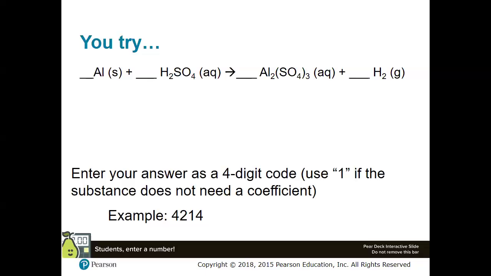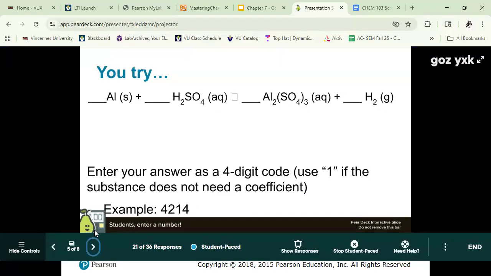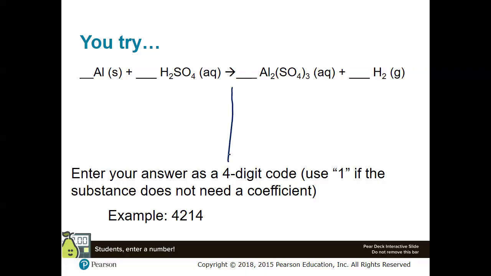All right, let's look at one more here. So this would be slide 5 in the pair deck. Now, in Wednesday's class, I made mention of the idea that if you have a cluster of atoms together, you can treat them as a single unit rather than as individuals.